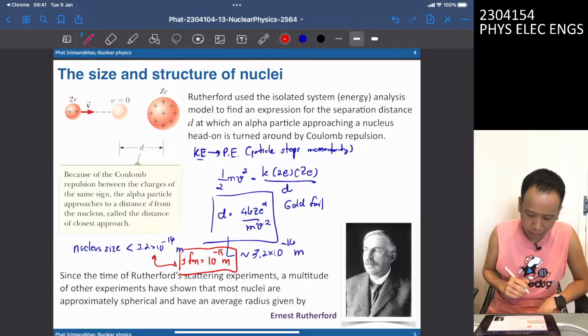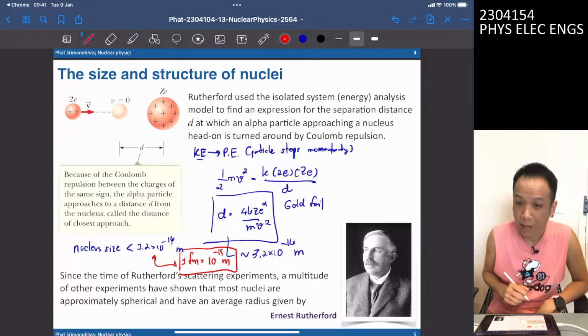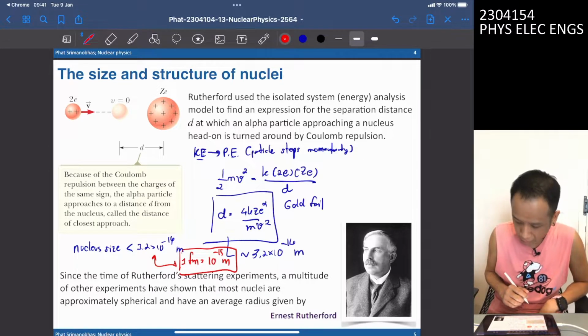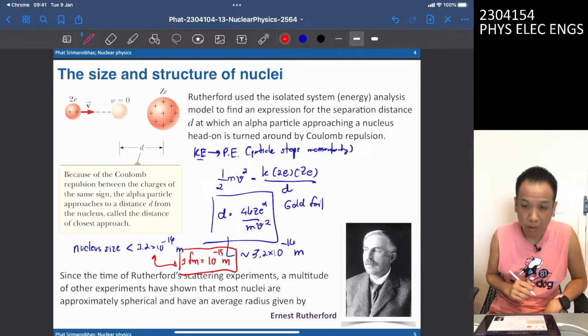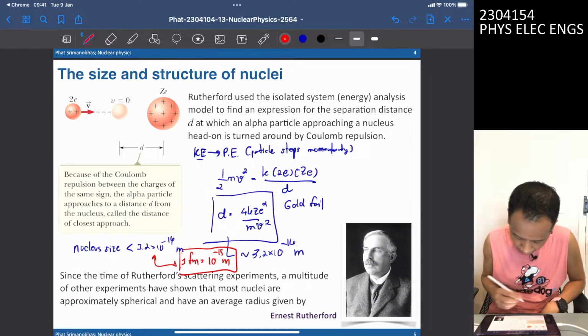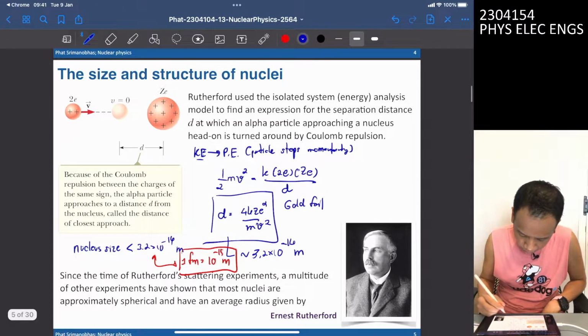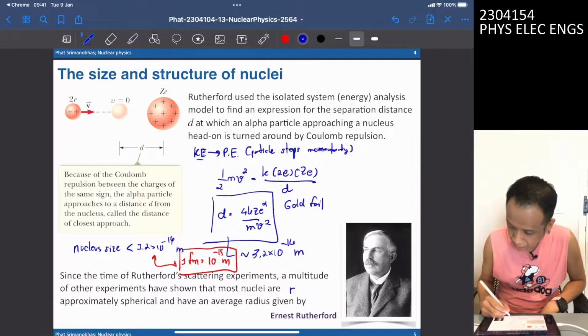After Rutherford, several experiments came along trying to measure the radius of the nucleus. The conclusion is that the radius is proportional to a constant times the atomic mass to the 1/3.